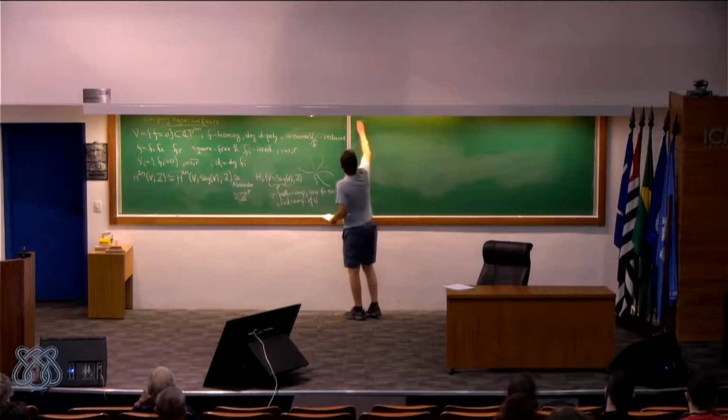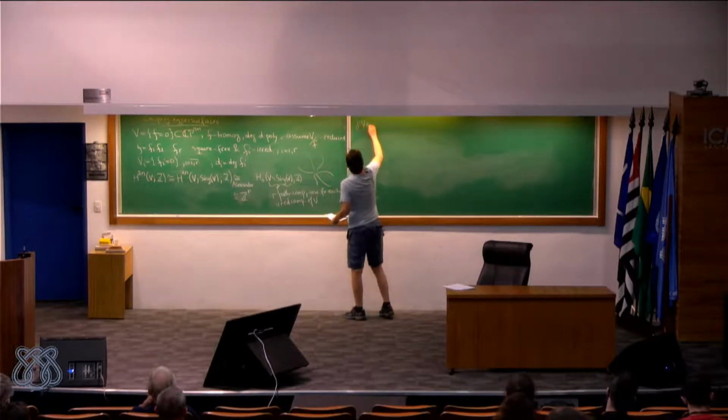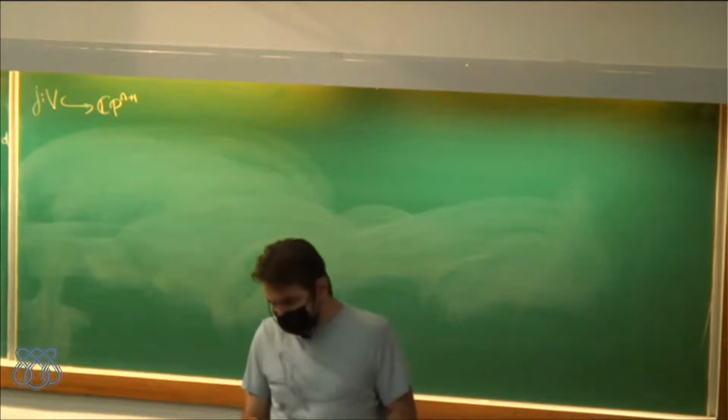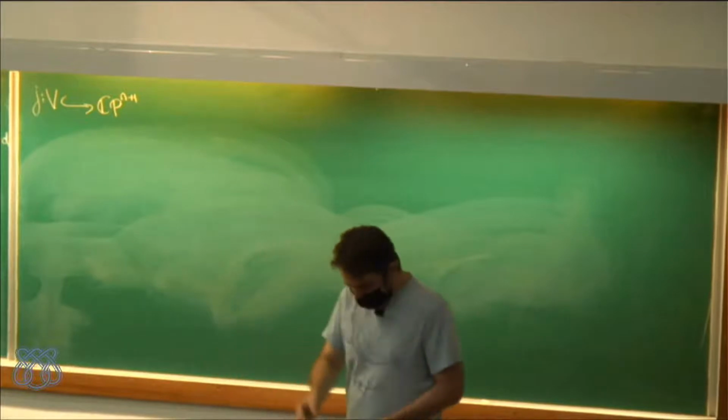All right, so now let j be the inclusion of V into the ambient projective space. And these results I mentioned, the Lefschetz and Kato theorems, have to do with how this map behaves in cohomology in some range. So now let's first look at the top piece.